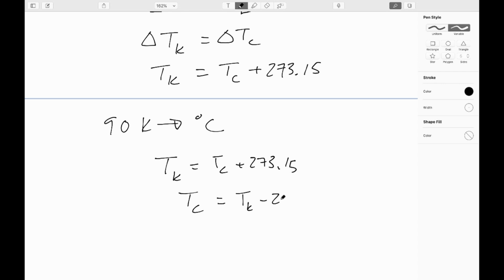So the Celsius temperature will be the Kelvin temperature minus 273.15. So it'll be 90 minus 273.15. So there'll be negative 180.